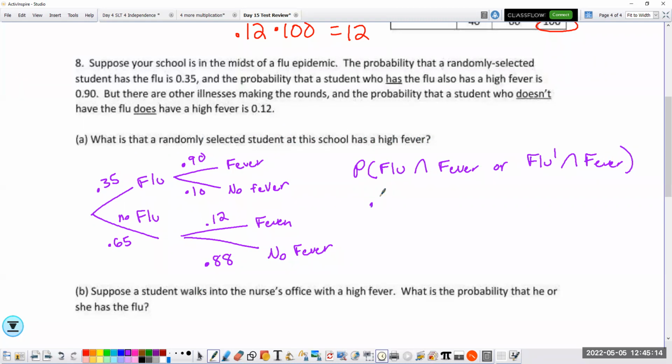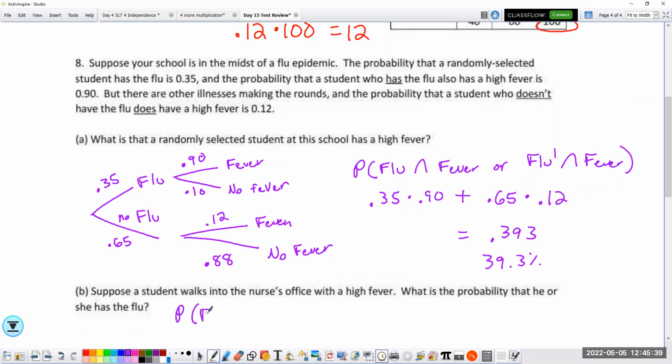So I'm going to go flu times fever plus no flu times fever. I'm going to toss that into my calculator and I'm going to get 0.393, or 39.3%.